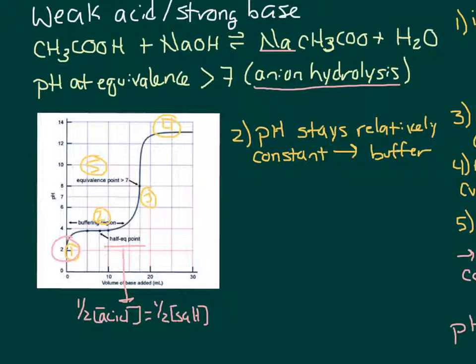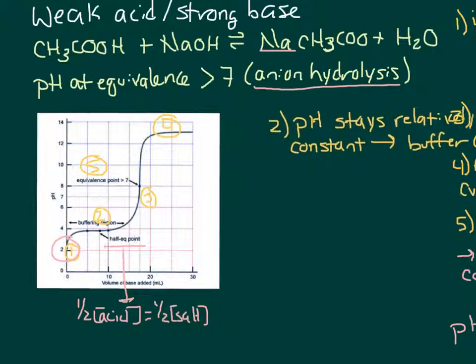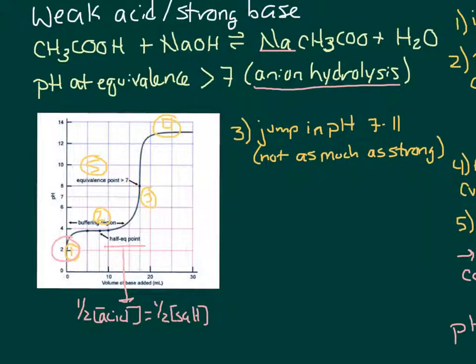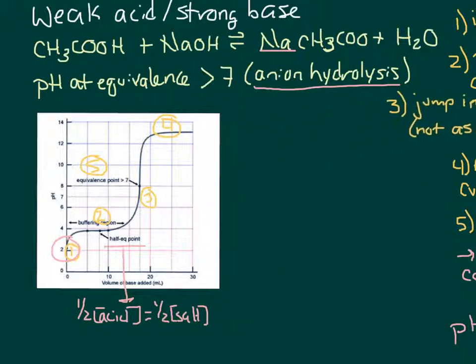Therefore, it does level out the pH change, even though we are working with extreme differences in our chemicals. Our point of inflection at this time is a jump in pH of, let's say, roughly 7 to 11. It's not as much of a jump because we're not working with both a strong acid and a strong base.